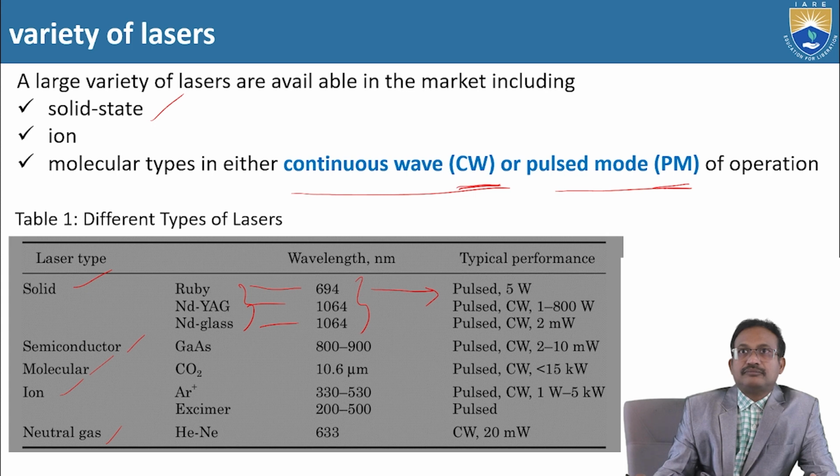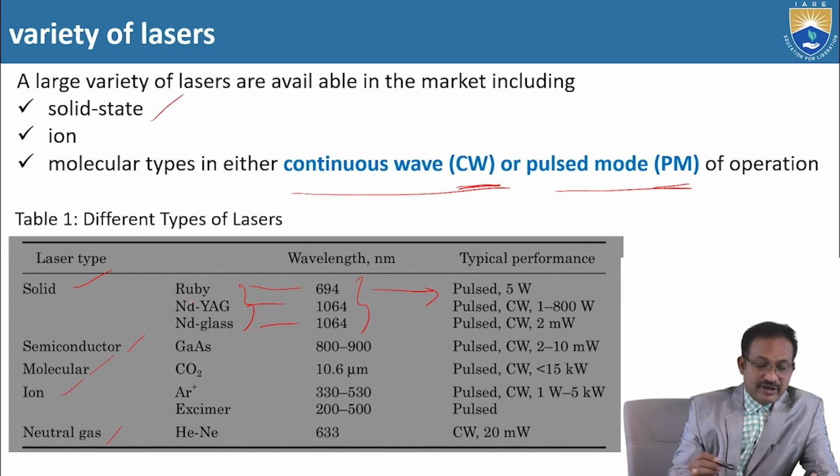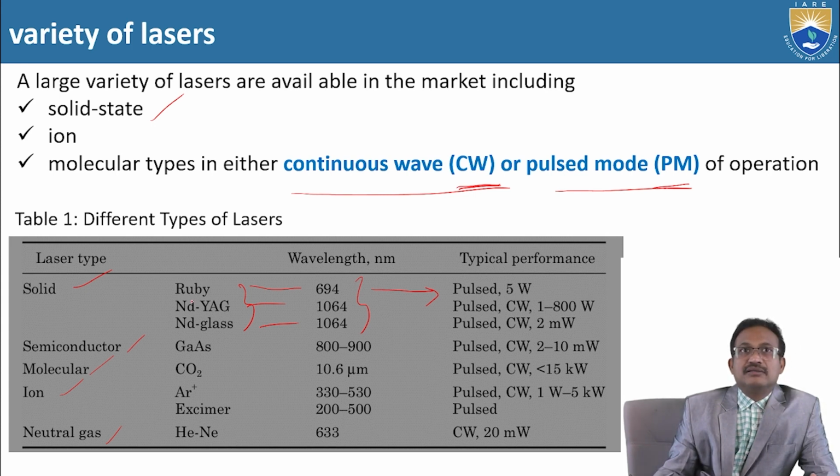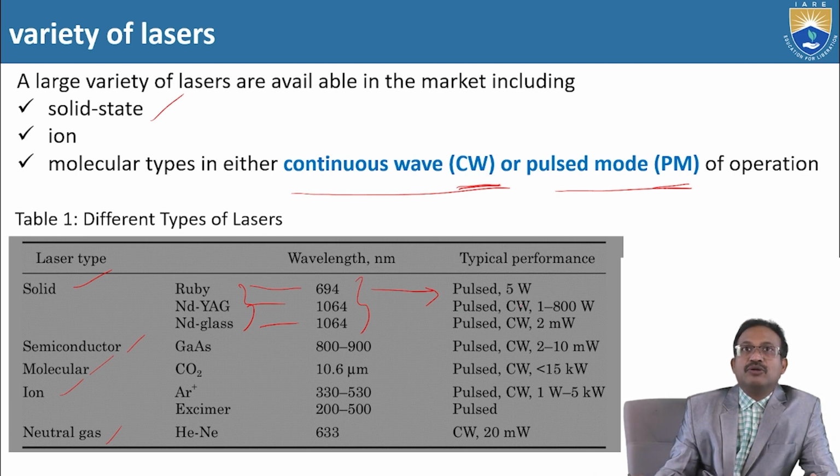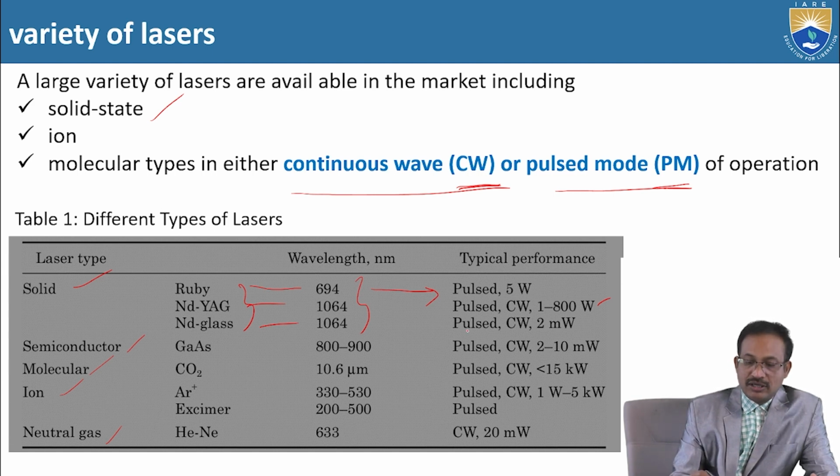For Nd-YAG in solid state, it is pulsed or CW, that is continuous wave, in the range of 1 to 800 watts. Nd glass is also pulsed or continuous wave.